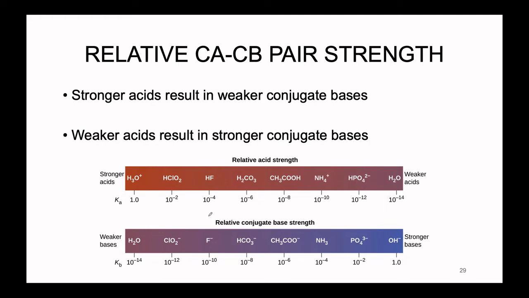Okay, so how then do the conjugate acid base pairs actually link together in solution? And like what are the relative strengths? Because due to the nature of water being our solvent, there is actually a connection between the strength of our weak acid and its corresponding conjugate base, or the weak base and its corresponding conjugate acid, right?